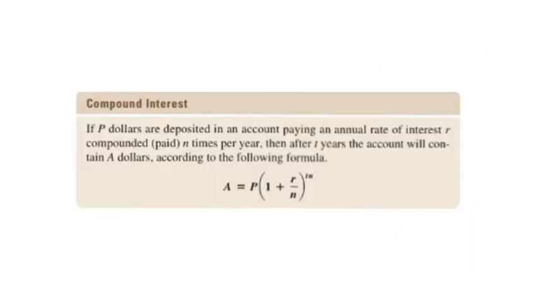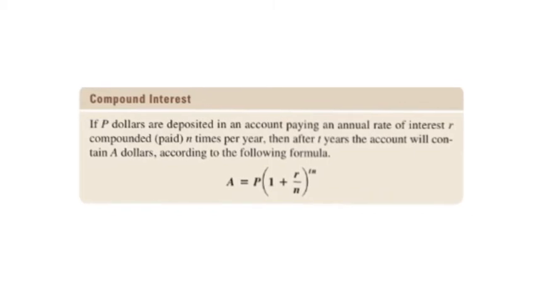The next thing we're going to learn about is compound interest. Alright, with compound interest, your final amount, which is your A, is equal to your starting amount, or your principal, times 1 plus your interest rate as a decimal, divided by the number of times per year it is compounded, raised to the power of T, your time in years, multiplied by the number of times per year it is compounded.